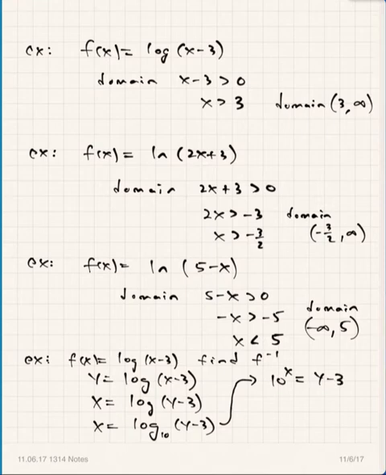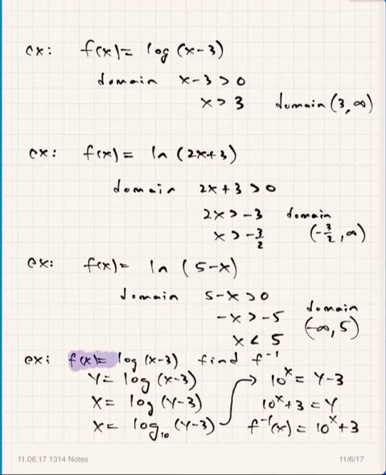And then to solve for y, just add 3, and you get 10 to the x plus 3 equals y, and that's our inverse function. The inverse function would be 10 to the x plus 3. So these two functions, f of x equals log of x minus 3, and f inverse equals 10 to the x plus 3, are inverses of each other.